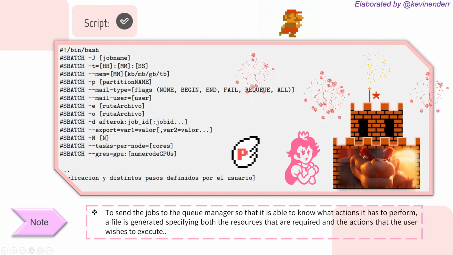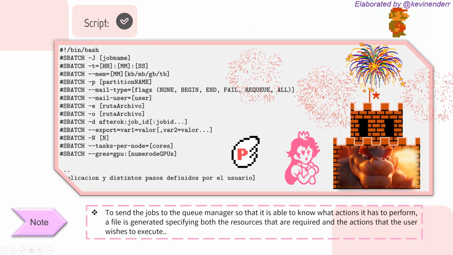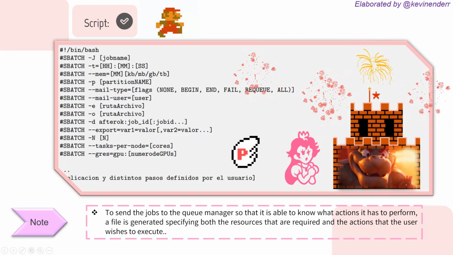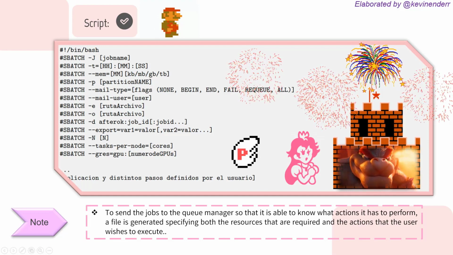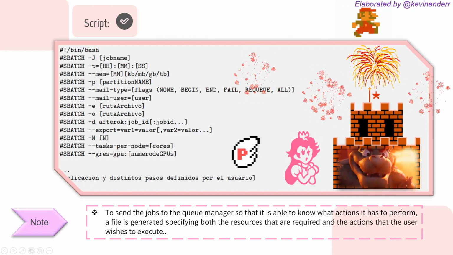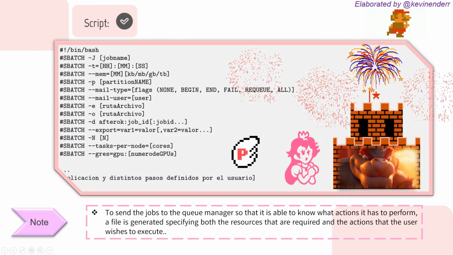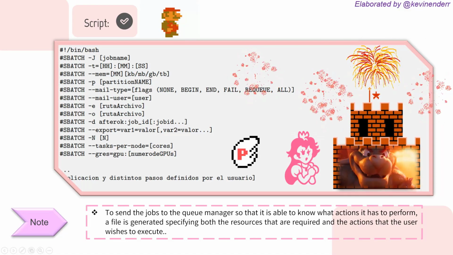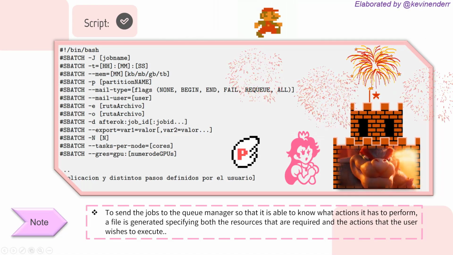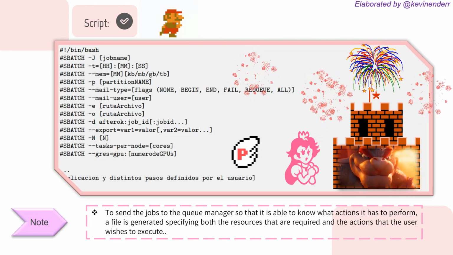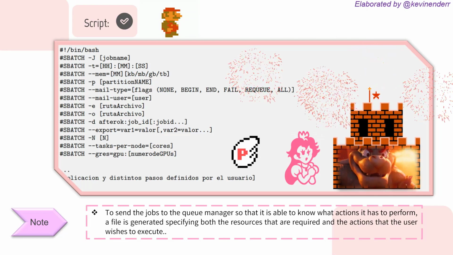The next line, letter e. After the letter e, you will put the path of the file where you want to store the standard error output of the job. And if it's not indicated, it's built in the directory where the script file is.